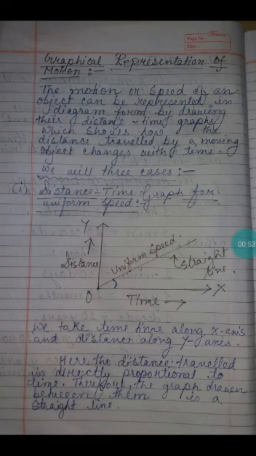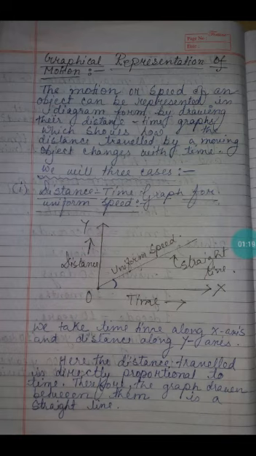So here we'll discuss three cases. Our first case is the distance time graph for uniform motion. As we all know, what is uniform motion? When an object covers equal distances in equal intervals of time, that is uniform motion, right? So in the case of a distance time graph, do you know the x-axis and y-axis?